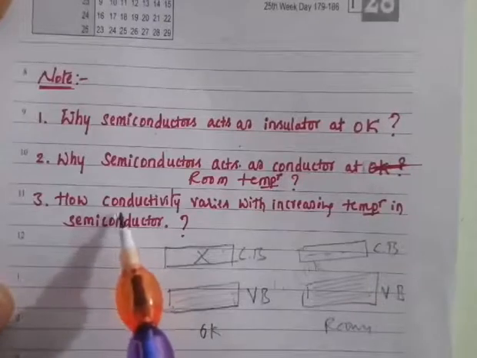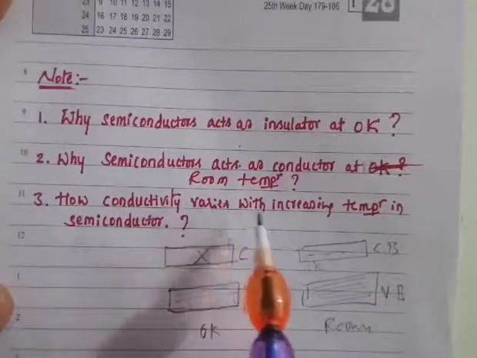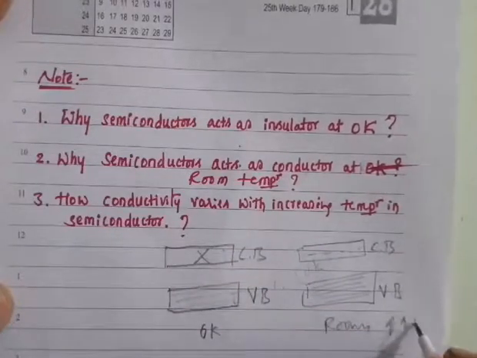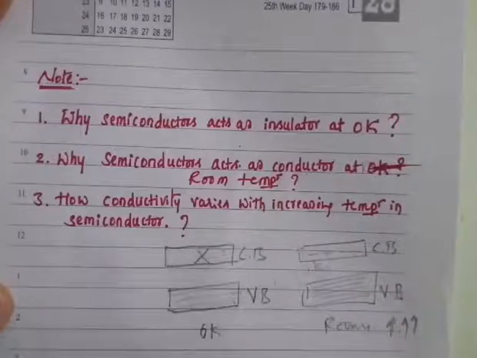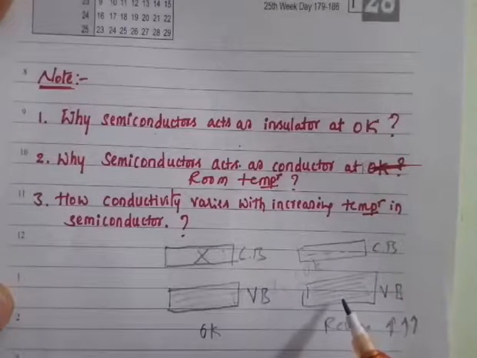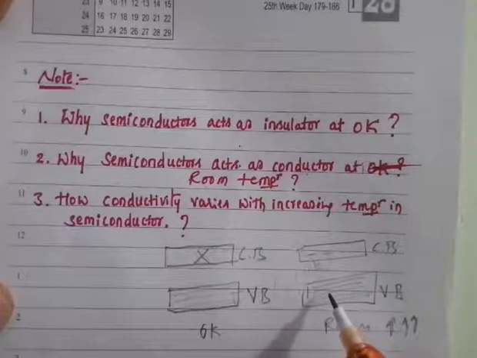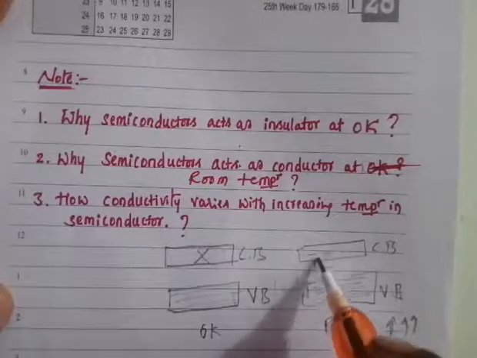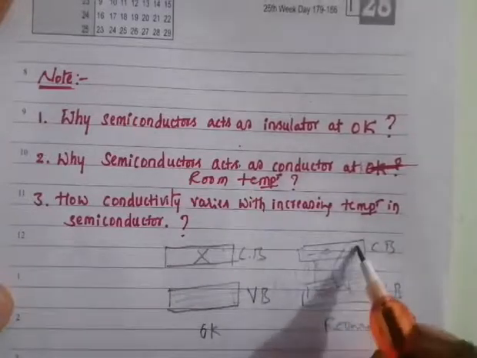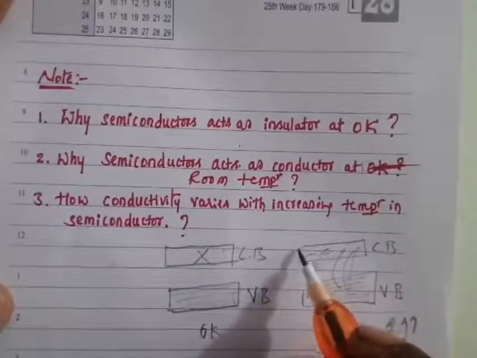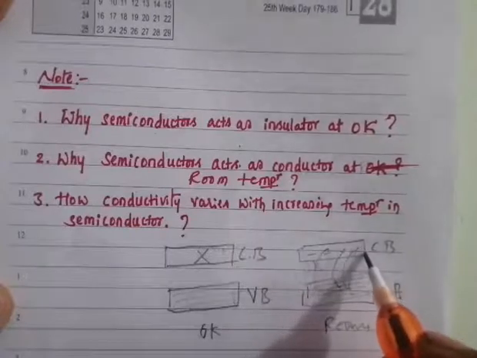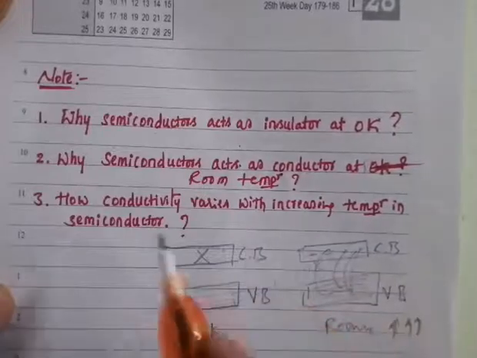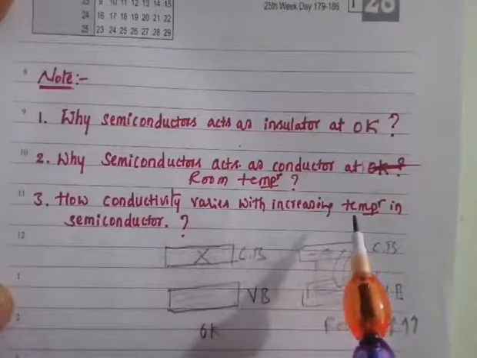Next, third question. How conductivity varies with increasing temperature? Now if temperature increases above room temperature, what about conductivity? If temperature is increased, then more number of electrons jump from valence band to the conduction band. So the number of conducting electrons increases in conduction band, hence conductivity increases.